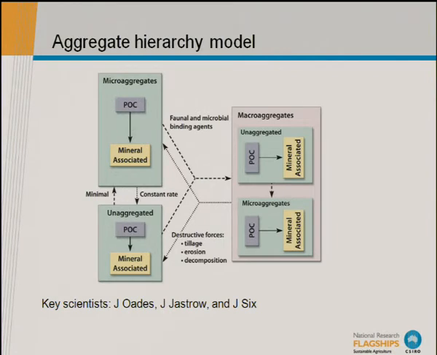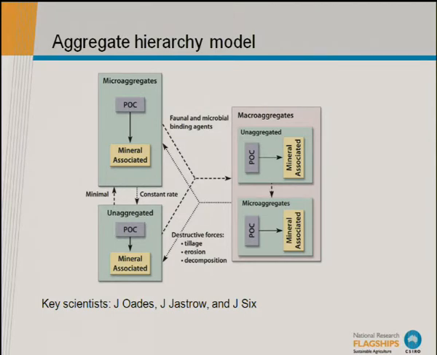And so dating back to some great work that originated out of this campus, there's this aggregate hierarchy model of soil, and that's been applied to soil organic matter, in particular the idea that you have organic matter directly associated with minerals, and then aggregates of clay particles condense around other bits of organic matter, and you get this hierarchy from individual organic matter-clay interactions to microaggregates, and then these microaggregates are aggregated within larger aggregates.